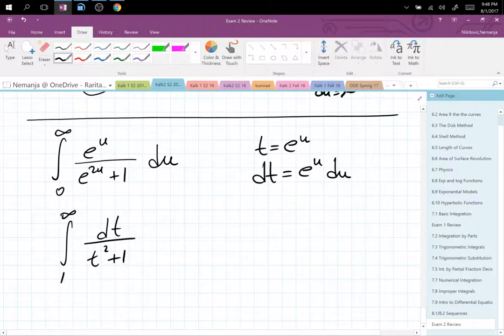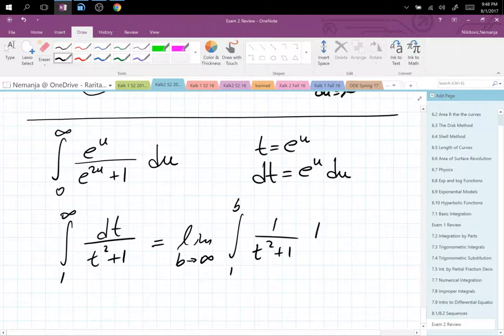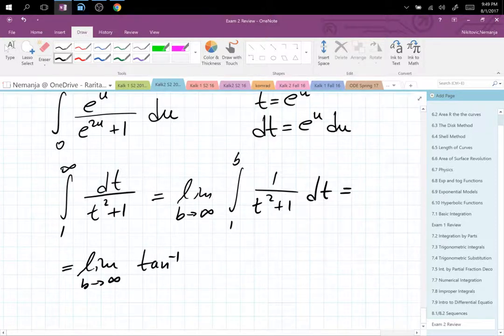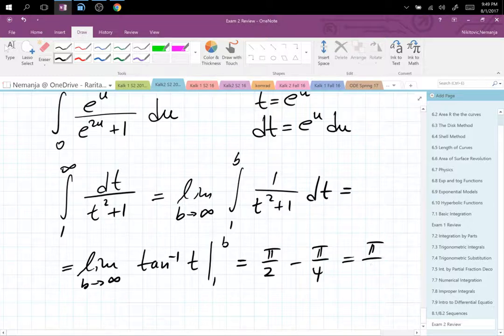It's inverse tangent. So limit as b goes to infinity, from 1 to b, of 1 over t squared plus 1 dt, which is arctangent, and the problem is solved. So a little bit of u sub there. So we have pi over 2 minus pi over 4, and the answer is pi over 4.